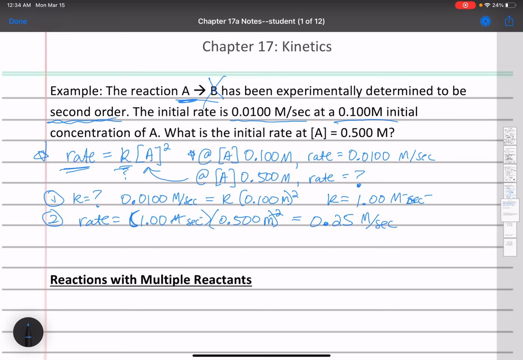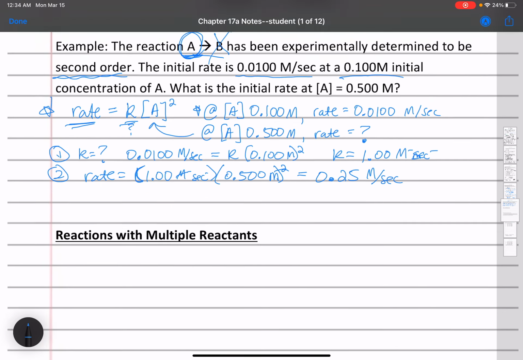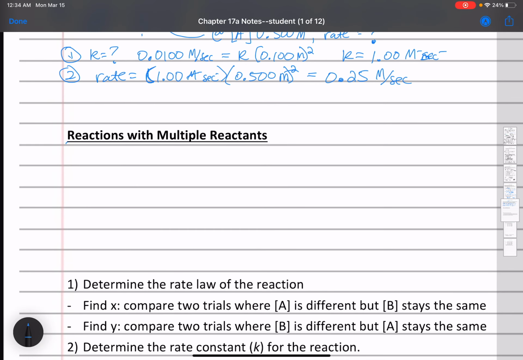So far we've done reaction order with reactions that only have a single reactant. But some reactions, as we know, have multiple reactants.